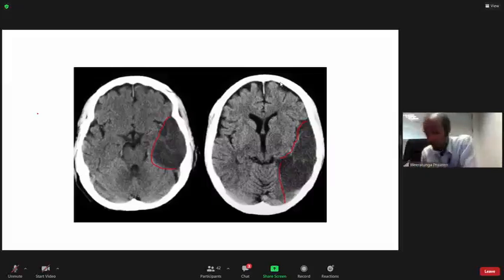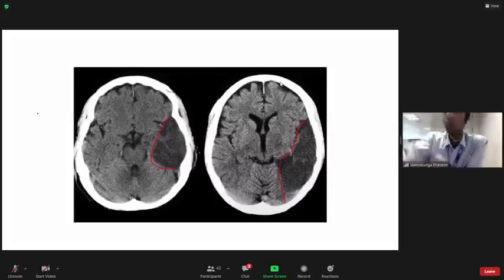Also, a tumor will not stick to the vascular territory. Here it's very clearly demarcated to a nice vascular territory. A tumor crosses vascular boundaries, so it does not restrict itself to a vascular territory. So that is a difference. This is not a tumor. There is no edema, there is no midline shift, and it sticks very nicely to the MCA territory, all of which are features of infarction.